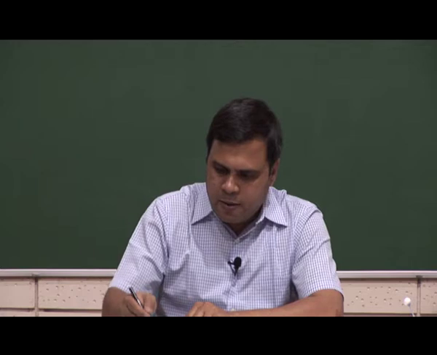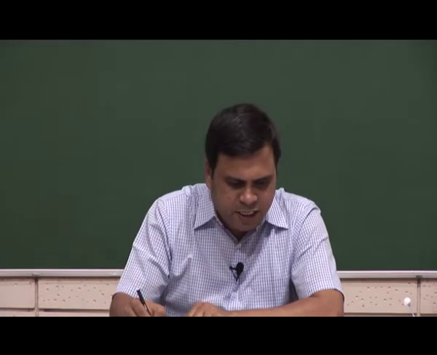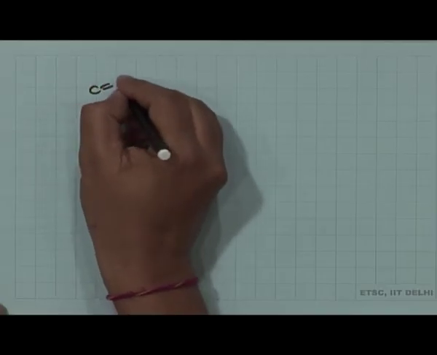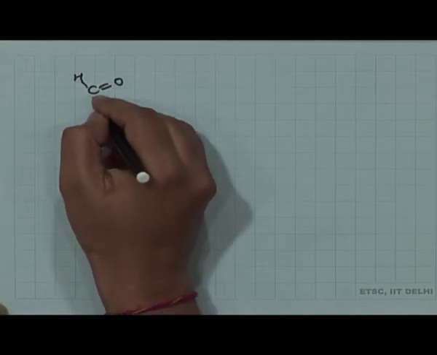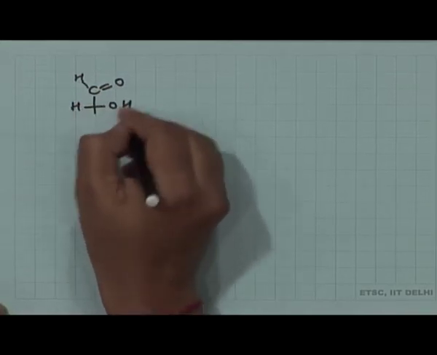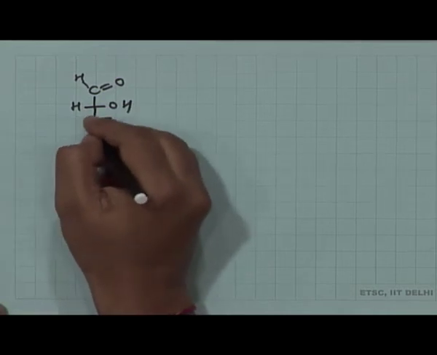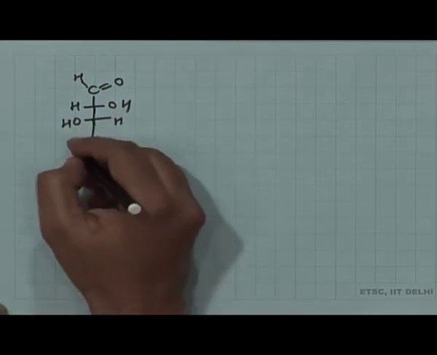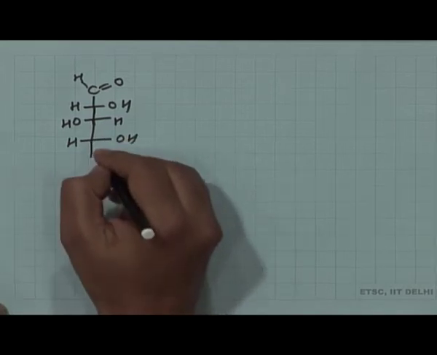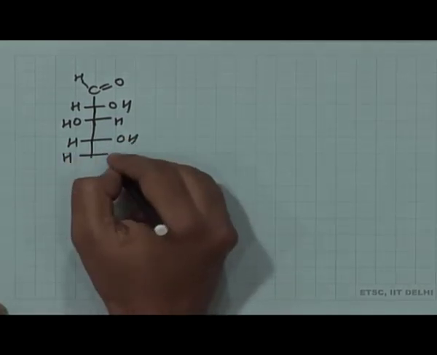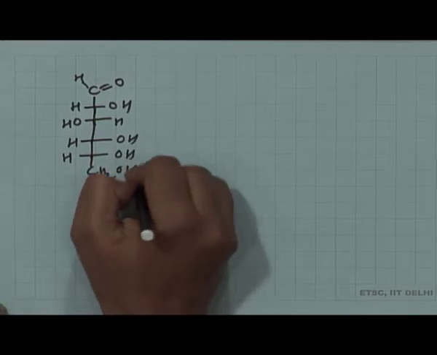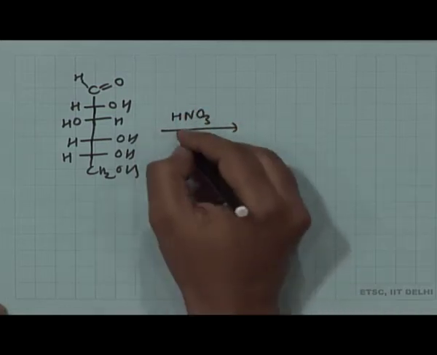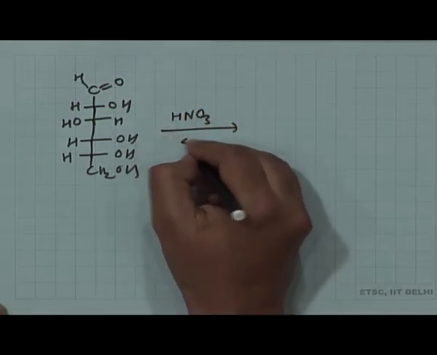Now, I will introduce another final oxidizing reaction, the oxidation reaction in presence of nitric acid. In presence of nitric acid, it converts even the primary alcohol to the carboxylic acid, and the aldehyde group also gets converted to a carboxylic group.